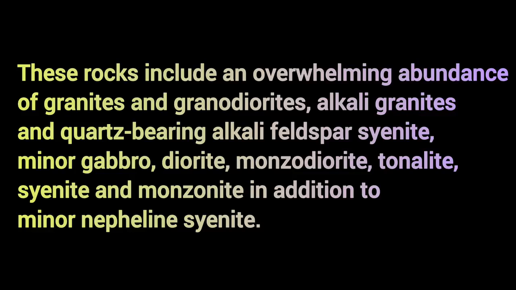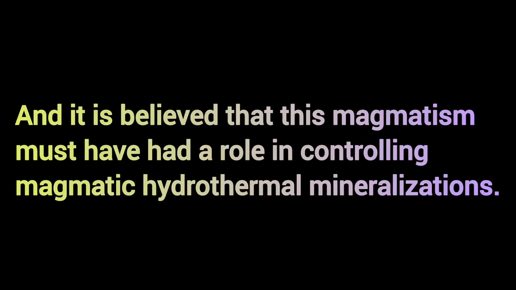These rocks include an overwhelming abundance of granites and granodiorites, alkali granites, and quartz-bearing alkali feldspar syenite, minor gabbro, diorite, monzodiorite, tonalite, syenite, and monzonite, in addition to minor nepheline syenite, and it's believed that this magmatism must have had a role in controlling magmatic hydrothermal mineralizations.